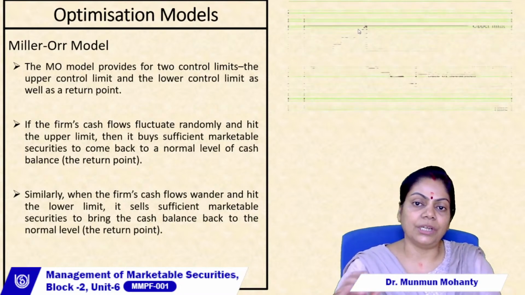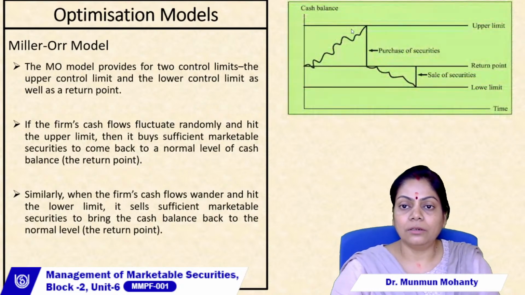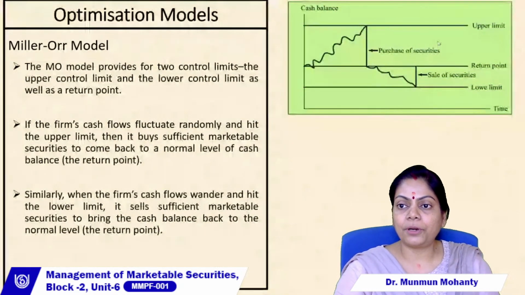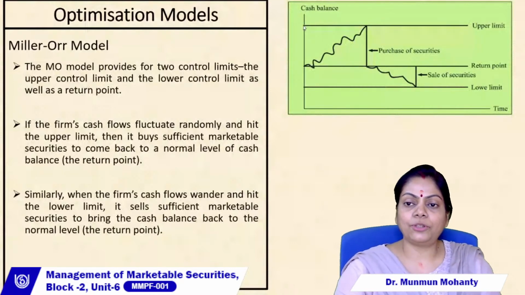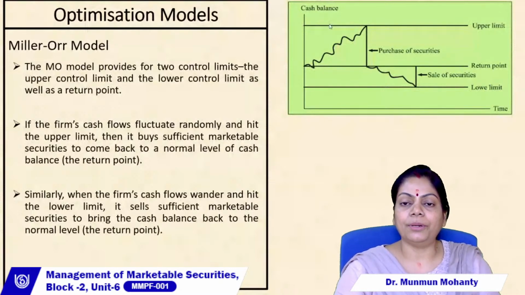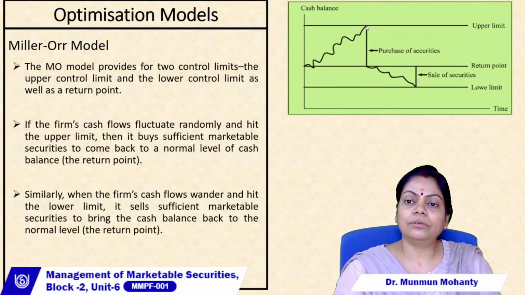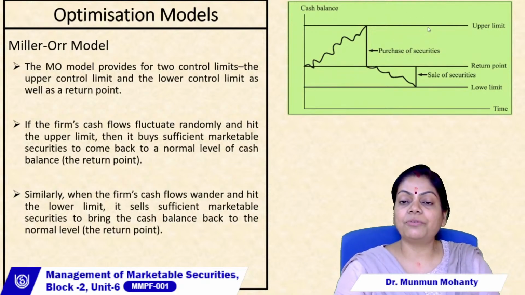Now I'll show you in a graph. See, this is the graph. Here is the upper limit and here is the lower limit. Suppose we start, hypothetically, with the lower limit.